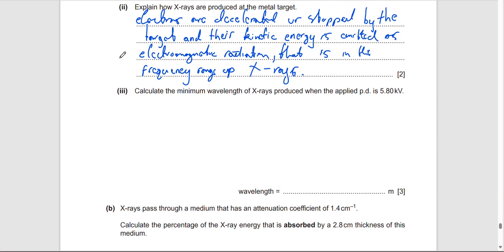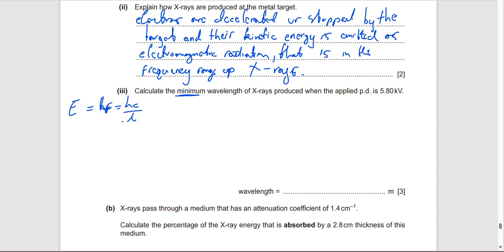Calculate the minimum wavelength of X-rays produced when the applied PD is 5.8 kilovolts. All right. So what you do here, you know that the kinetic energy becomes the X-ray photon. For the minimum wavelength possible, remember the energy is equal to hf, which is equal to hc over lambda.